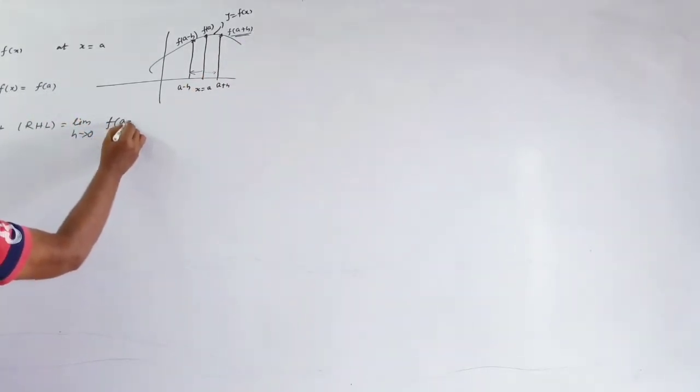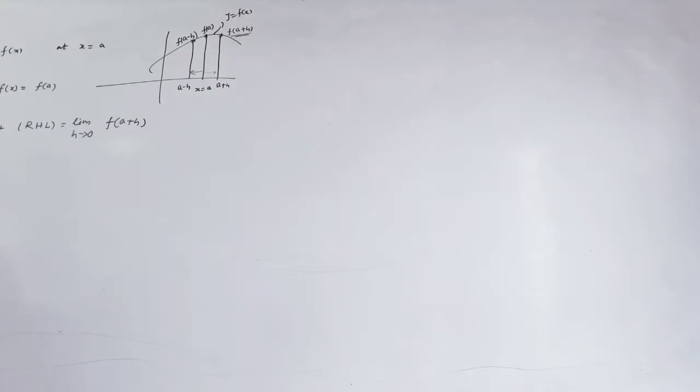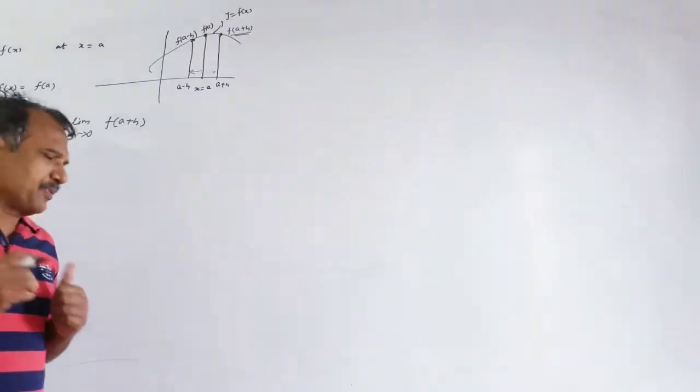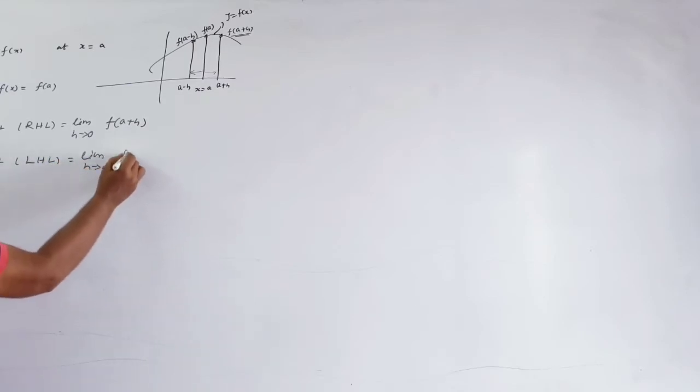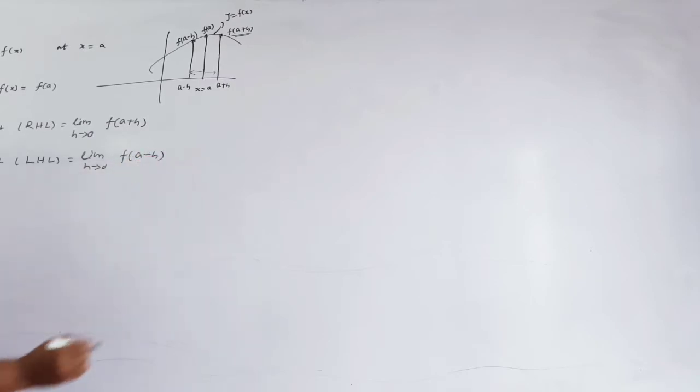So x minus means less than a. You can say left hand limit, in short form we write LHL. So limit h tends to 0 of f of a minus h.